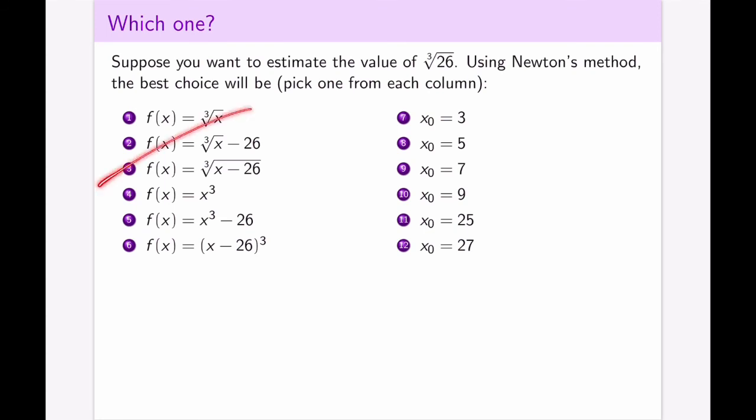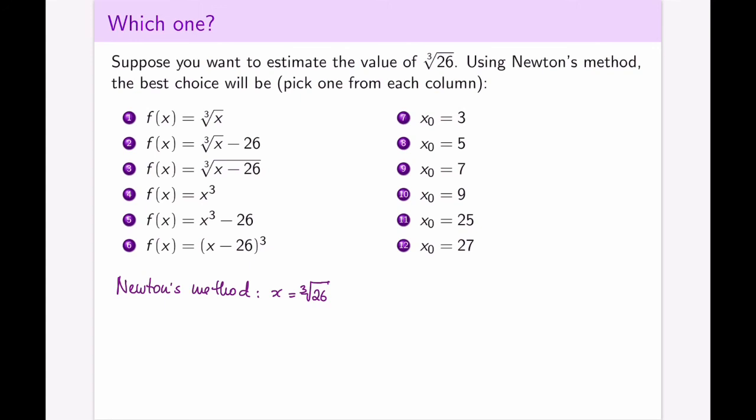Okay, so before actually looking at the multiple choices, let's think about the function and the method we're going to apply. For Newton's method, remember, we start by setting x equal to the thing that we want to approximate, and then we turn that expression into a polynomial.